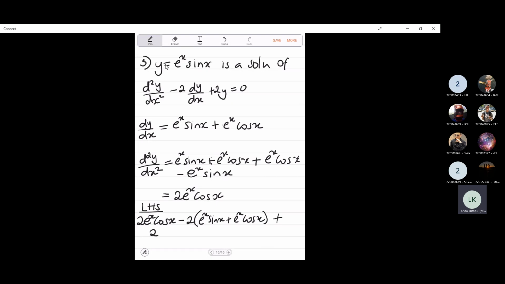Our y is e to the power of x sine x. And we want to show that this is equal to 0.